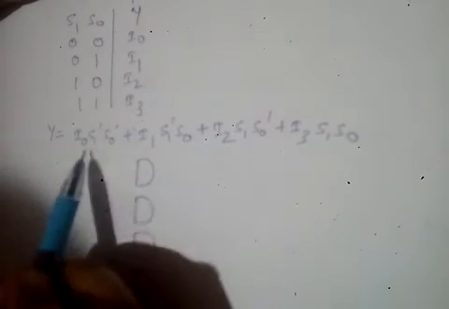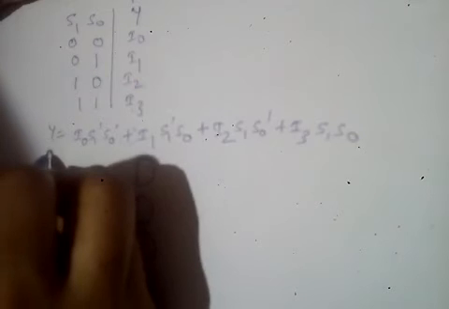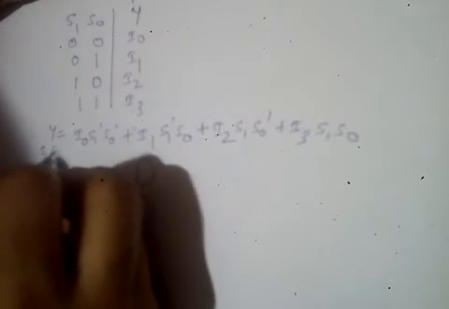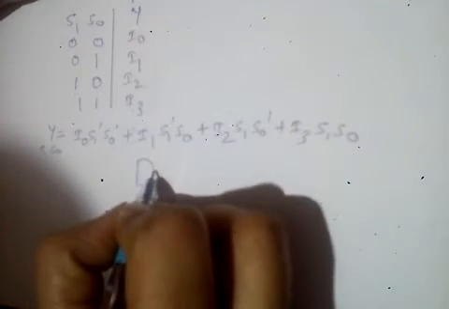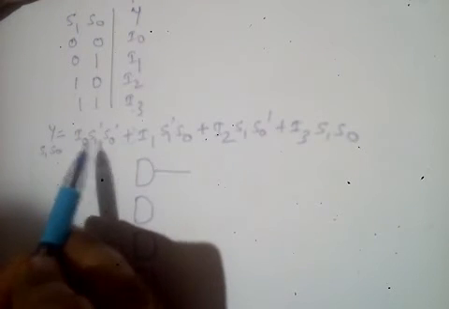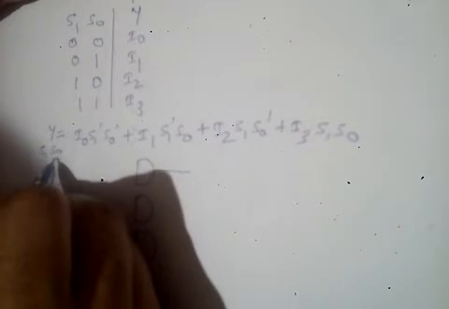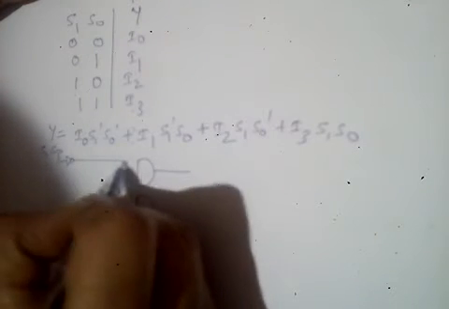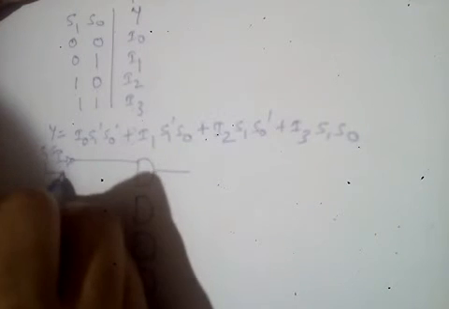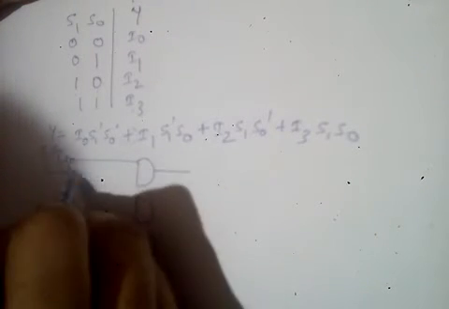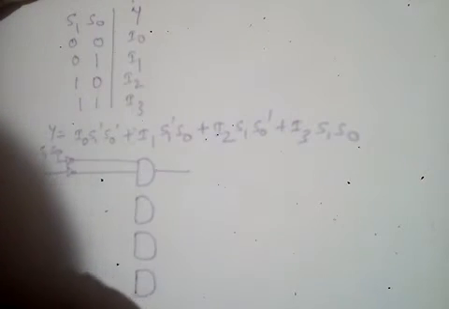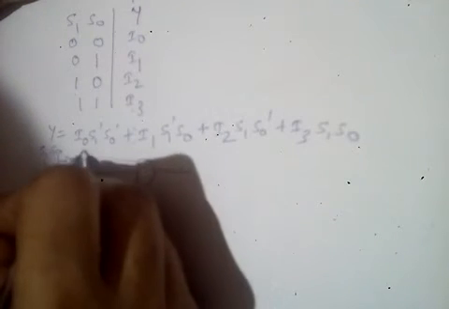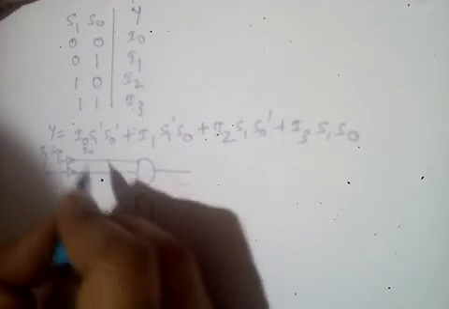So we have inputs S1 and S0. So first one is I0 S1 bar S0 bar. So we will connect this with inverter. This is S0 bar. This one will also be connected with inverter or NOT gate. This is S1 bar and input I0.